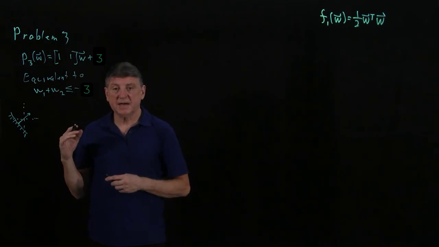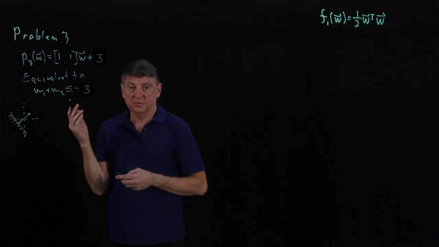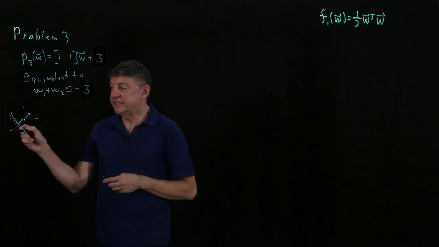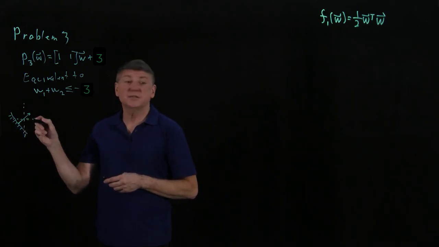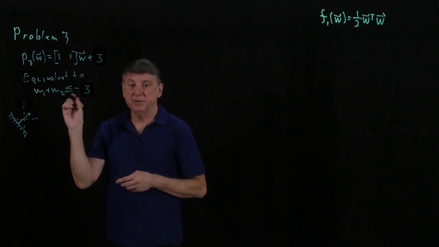And so if the unconstrained minimizer doesn't satisfy the constraint, the constraint must be active. If the constraint is active, we can solve it as though it's an equality constraint, because anything in the interior here is going to have a vector norm that is greater than something on the boundary. So we want a solution that is a boundary point.